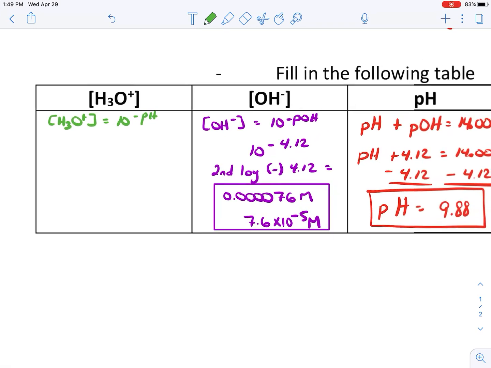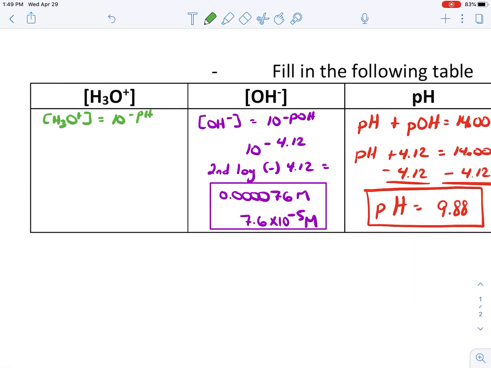We found our pH to be 9.88, so 10 to the negative 9.88. Typing this in our calculator, we take second log, hit the negative sign, and then 9.88, and then equals. Our answer this time is probably given to you in scientific notation no matter what: 1.3 times 10 to the negative 10th.